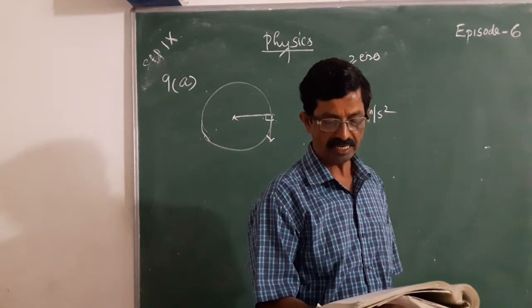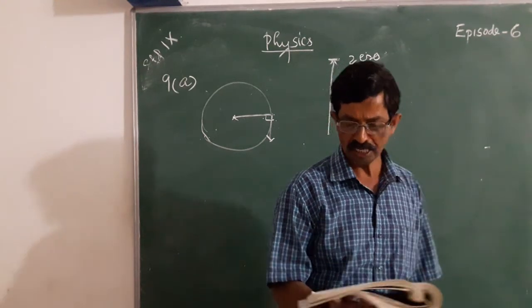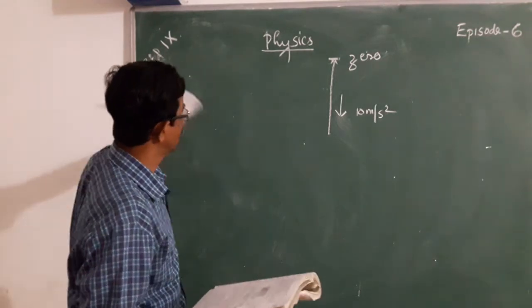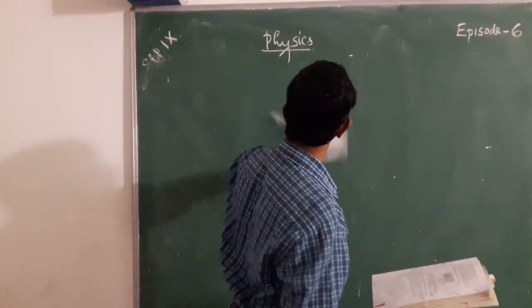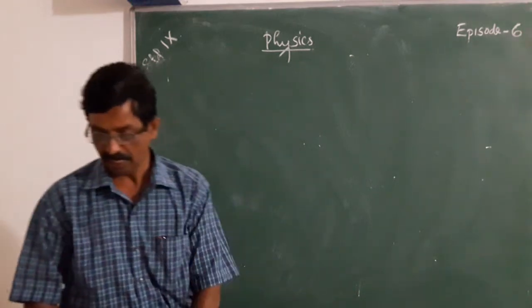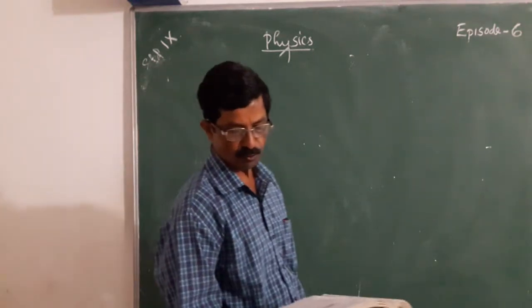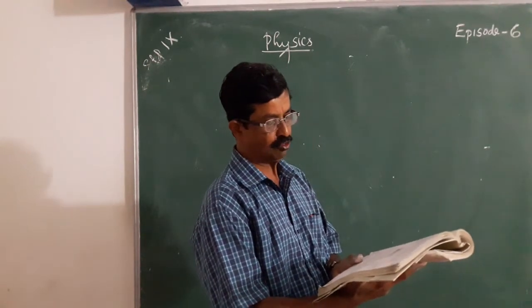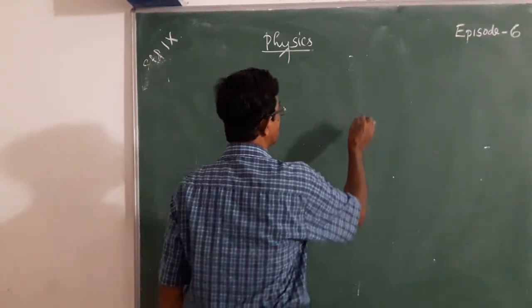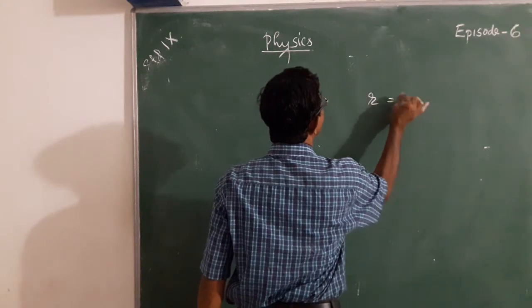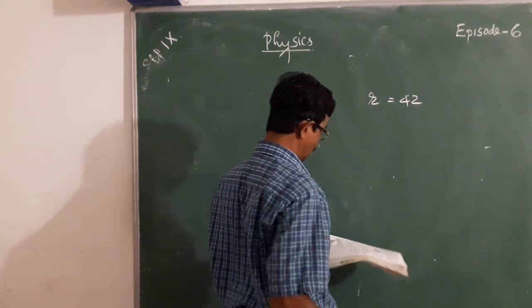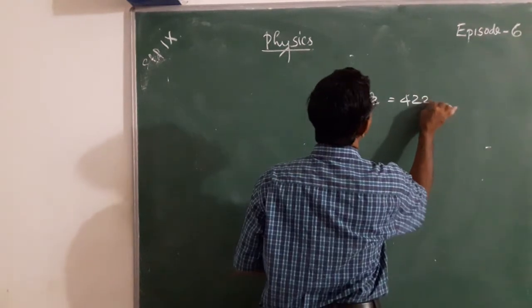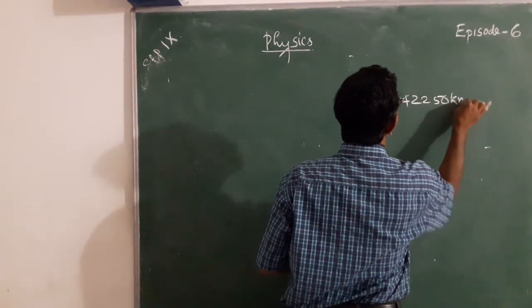Now question number 10. An artificial satellite is moving in a circular orbit of radius 42,250 km.